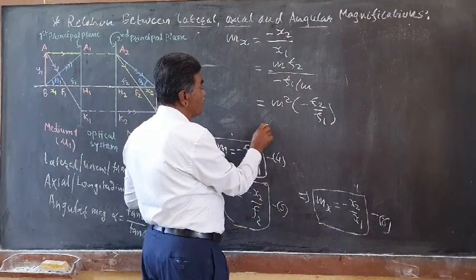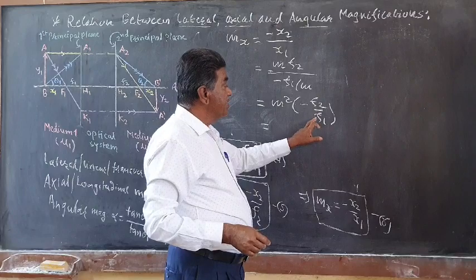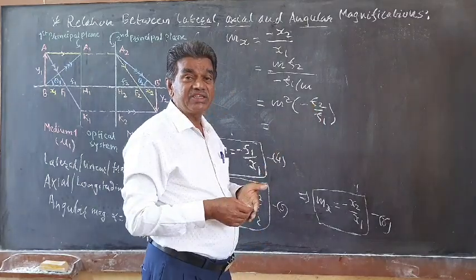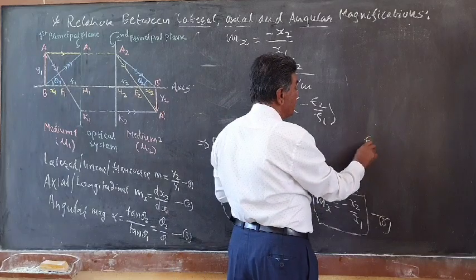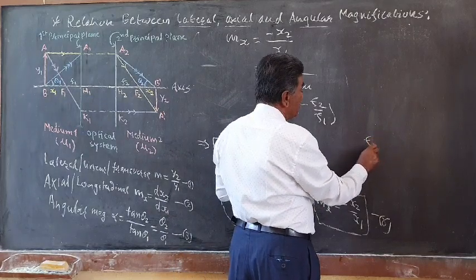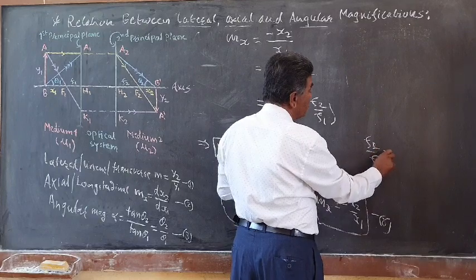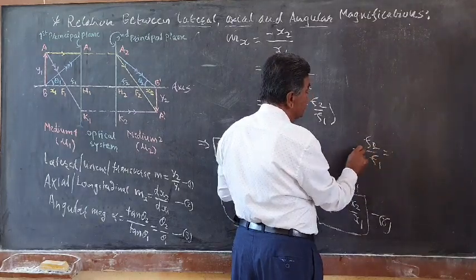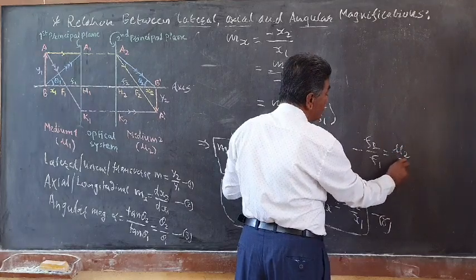Last time we derived the relationship between f1 and f2 for an optical system in terms of mu1 and mu2, and it is found that minus f2 divided by f1 comes out to be equal to mu2 divided by mu1.